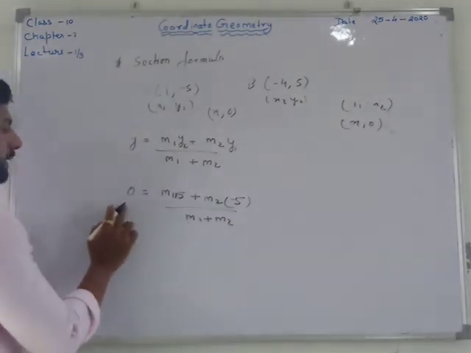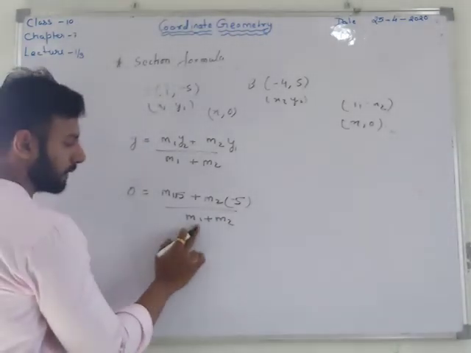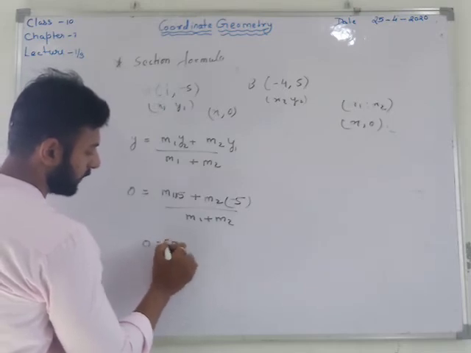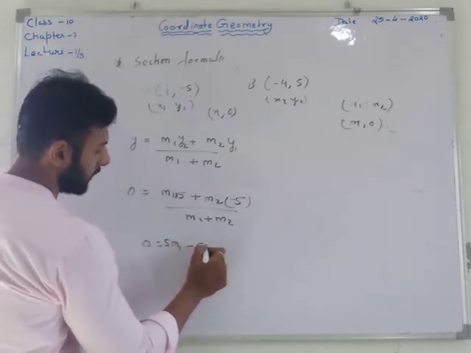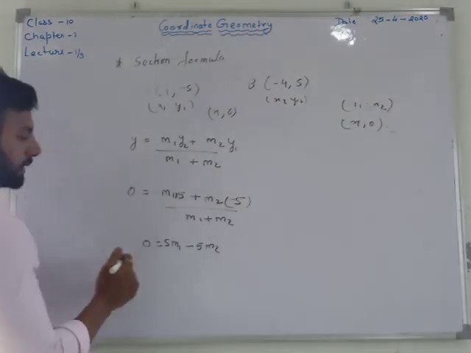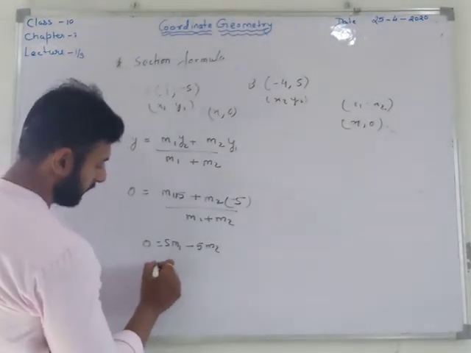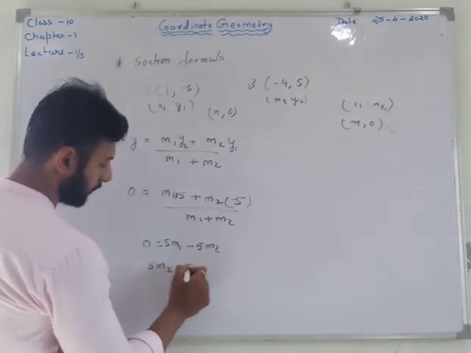Taking m1 plus m2 to the numerator, 0 into m1 plus m2 will be 0, equal to 5 m1 minus 5 m2. Taking minus 5 m2 to the left hand side, 5 m2 is equal to 5 m1.